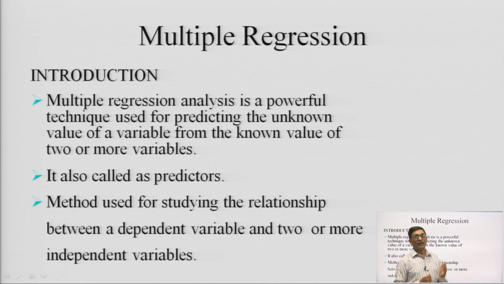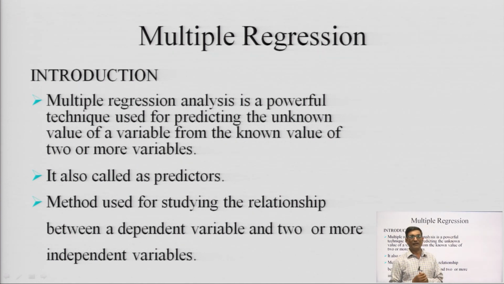For example, if we want to predict a person's height on the basis of their age and gender, here we have two independent variables, gender and age, and the dependent variable is height. In this condition we apply multiple regression.